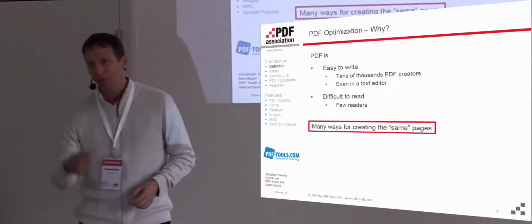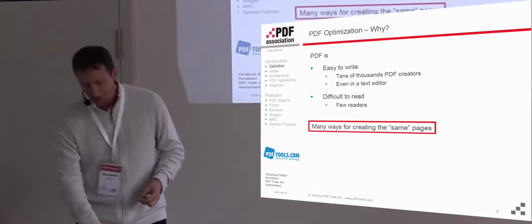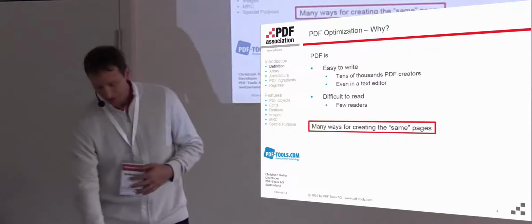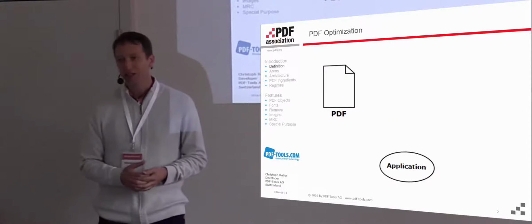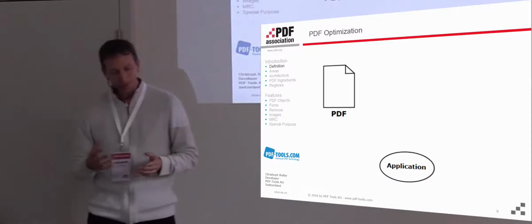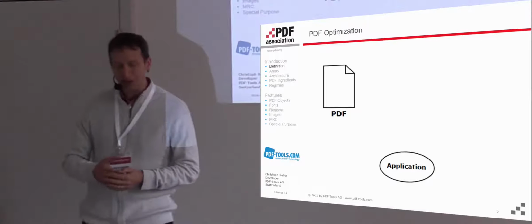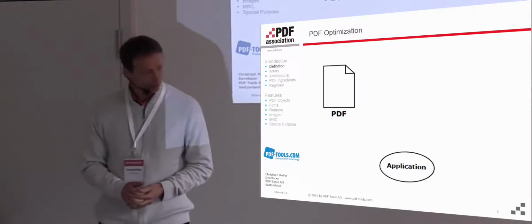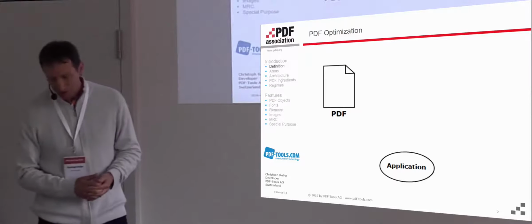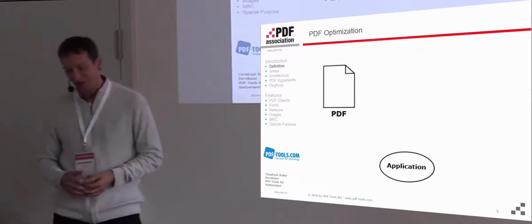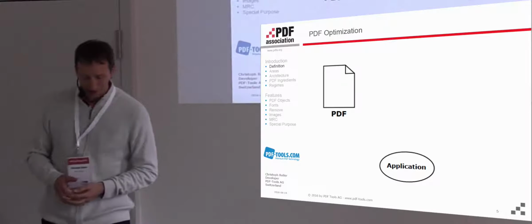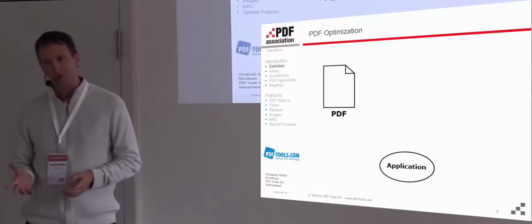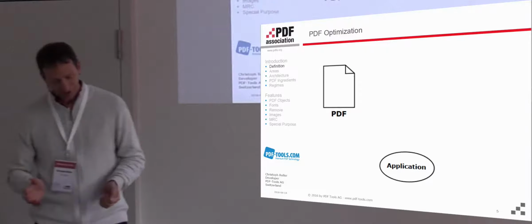Now, if I come from a completely different angle at this question, optimization, why? We may turn up with a bunch of PDFs or even really many PDFs that we want to apply to some application, be that archival, printing, sending via email, signing, splitting, merging, converting, whatever.